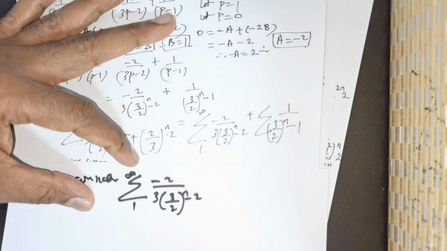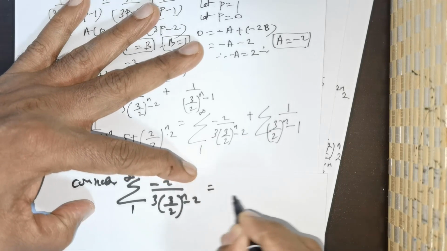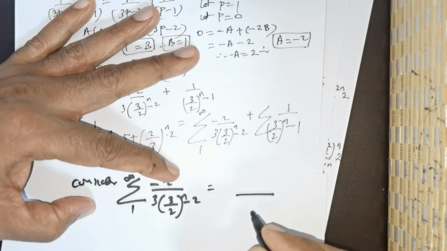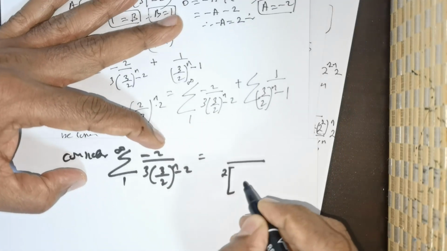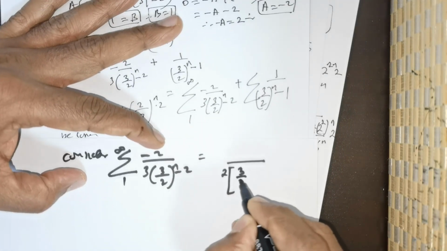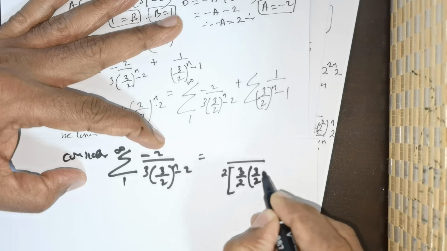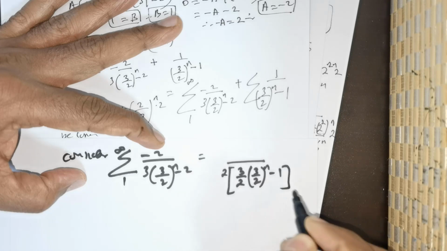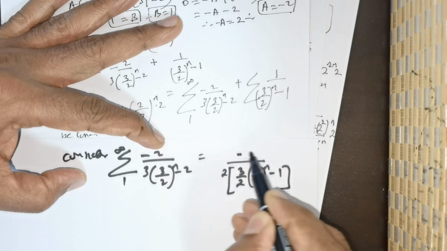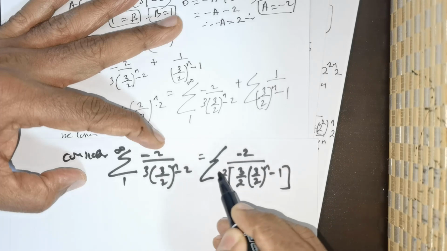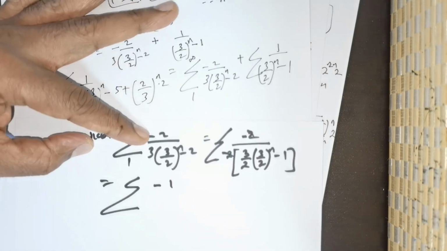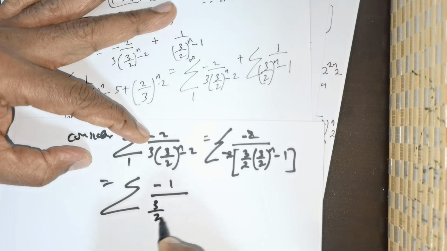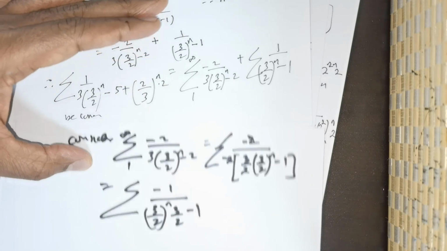So if I were to take 2 out from the denominator, this is going to be rewritten as 3 over 2 times 3 over 2 raised to the power of n minus 1. Okay, in the numerator you got minus 2 and this is sigma. So 2 and 2 get cancelled. You get sigma negative 1 over 3 over 2 raised to the power of n times 3 over 2 negative 1. So this is the next quantity.